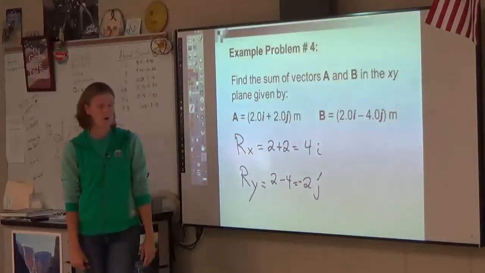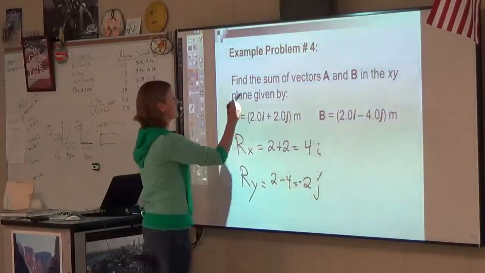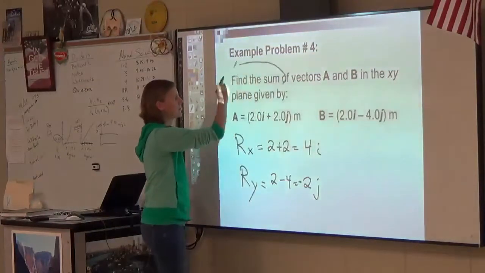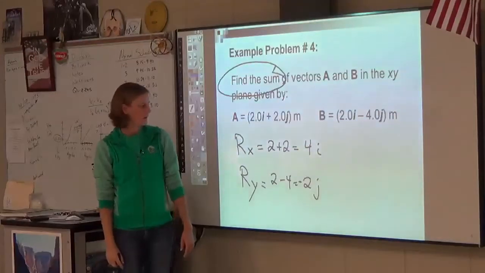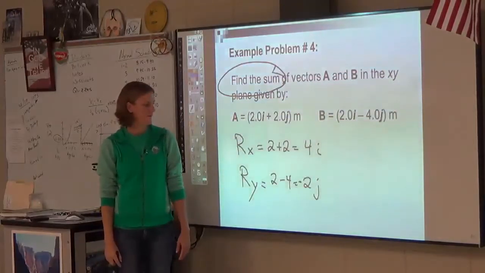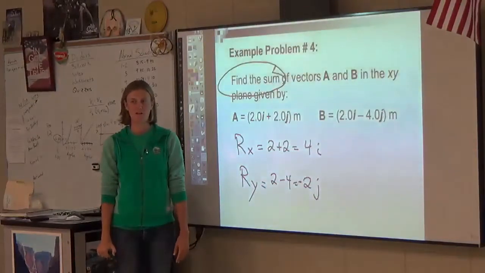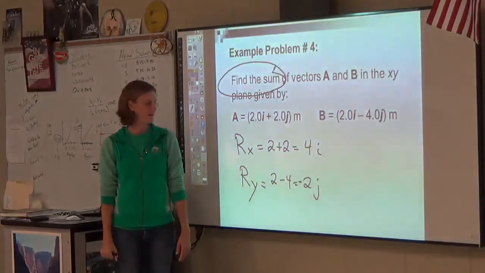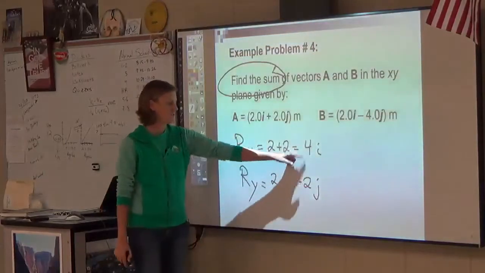So I've got my overall x, overall y components, but how do I use those to answer the question of find the sum? The Pythagorean Theorem? Okay, perfect. You've got your components.